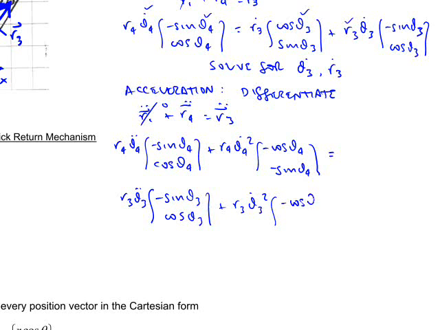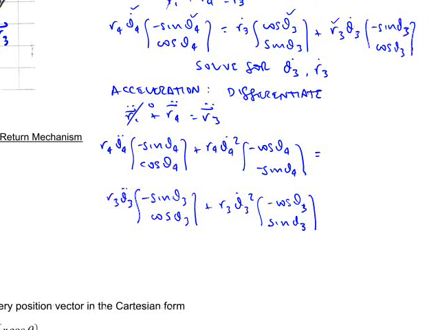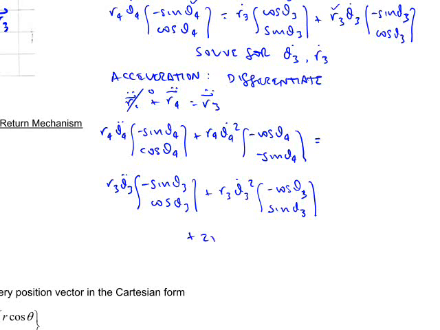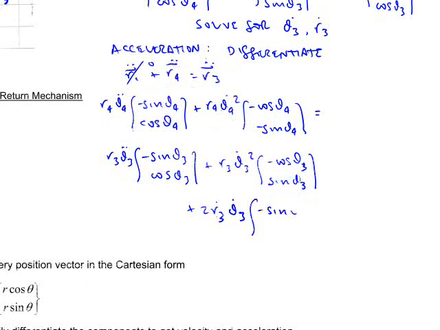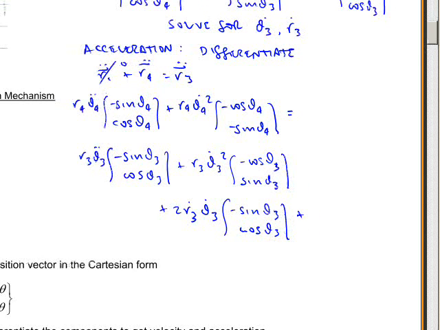Just change my subscripts. You don't have to think when you do this vector differentiation. I need the Coriolis, which is the 2 r3 dot theta 3 dot in the transverse direction. And I need the sliding, r3 double dot (cos theta 3 i plus sine theta 3 j).